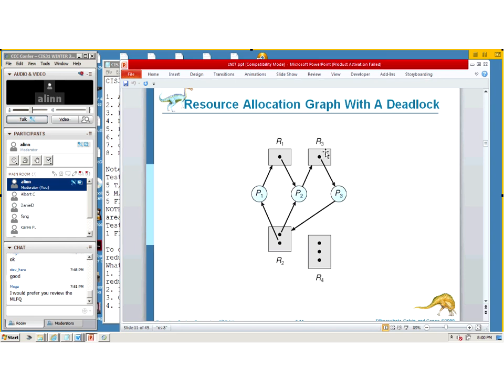I can't preempt. I'm holding a resource while waiting for another, so that's hold and wait. And finally, there's a circular wait concept going on here. And that is the definition of deadlock. That's a classic illustration of a deadlock.